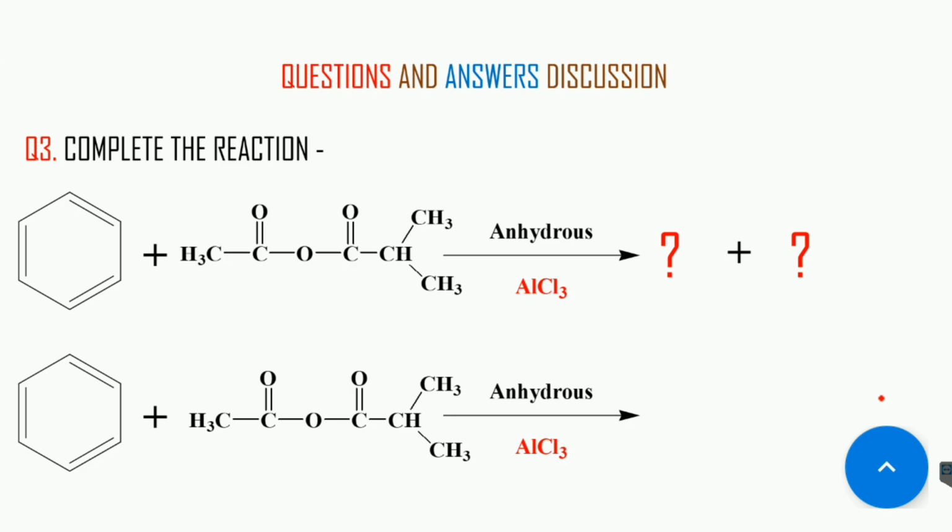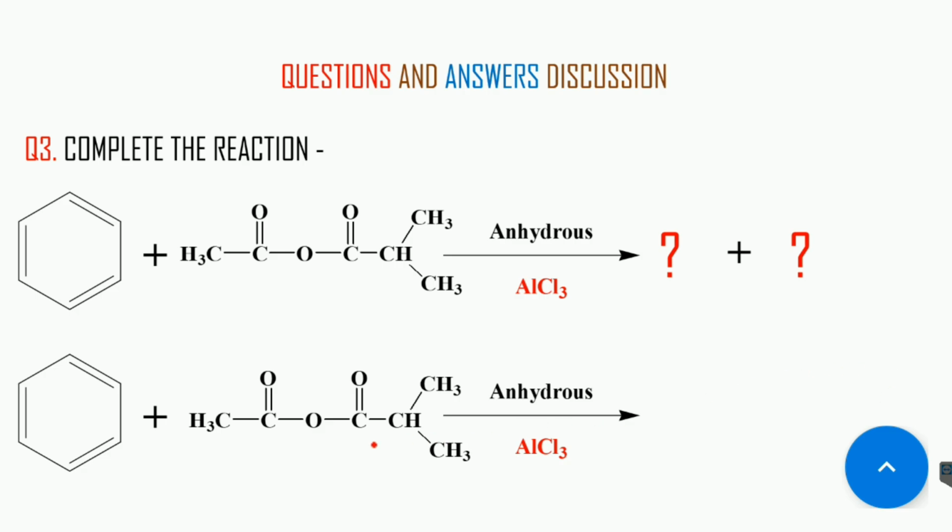Okay, fine. But there is a problem in this reactant. If you see, this one is bulkier than the previous one, so where can fission take place? So here also oxygen is a central atom.